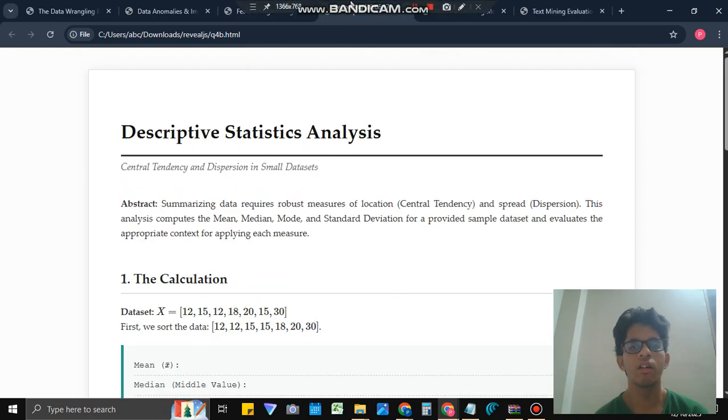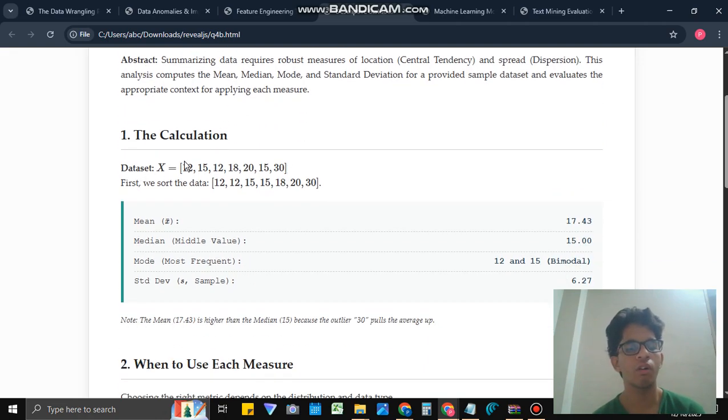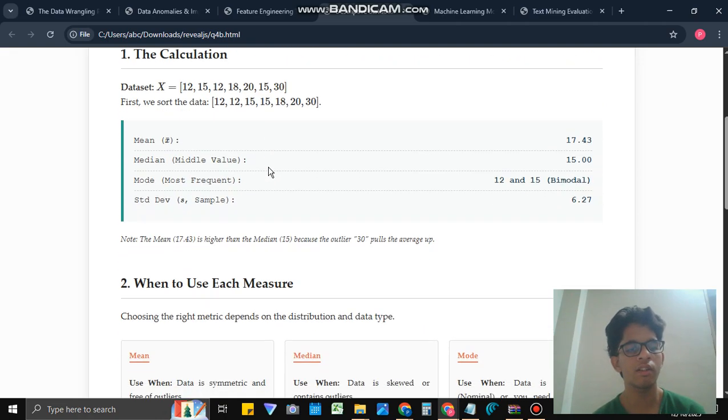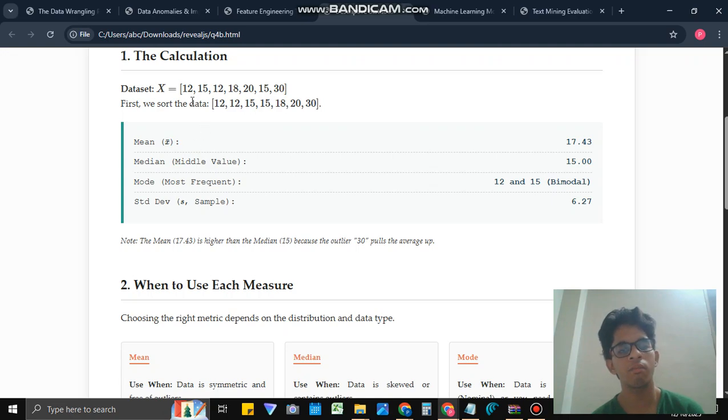Then coming to the next part of the same question number 4, we are given a data set. We are asked to compute mean, median, mode, and standard deviation, and explain the formula. For the mean, we take the summation of all these values and divide it by the total number of values.